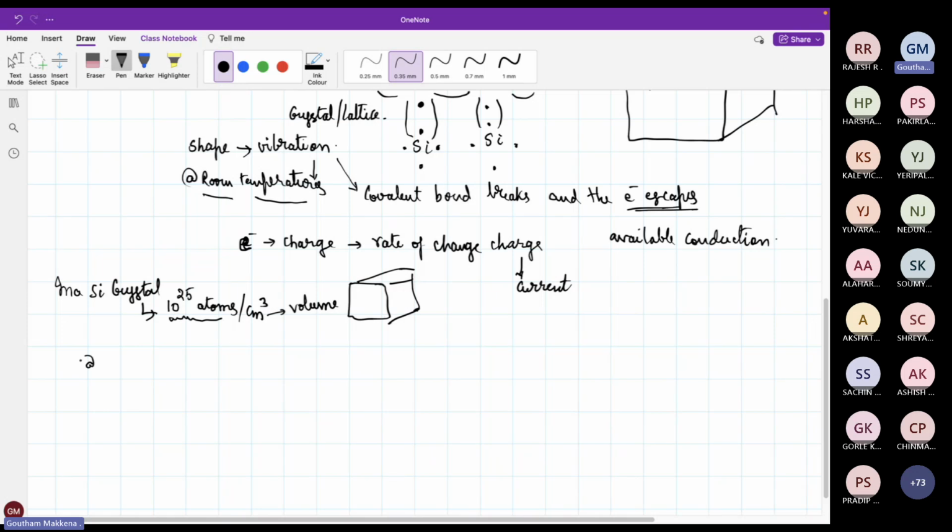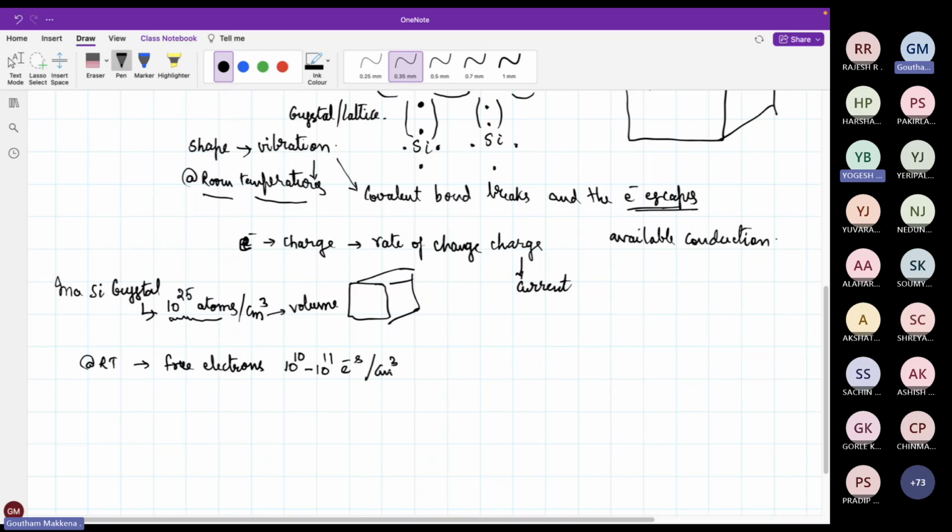And like I told, at room temperature, what is the number of free electrons? Can anybody take a guess? Sir, 10 to the power 10, I guess. So anywhere between 10 power 10 to 10 power 11. Some textbooks say 10 power 15 also. Is it a high number or a low number?